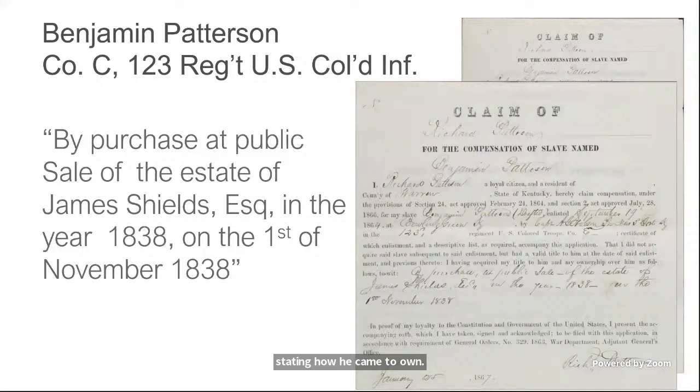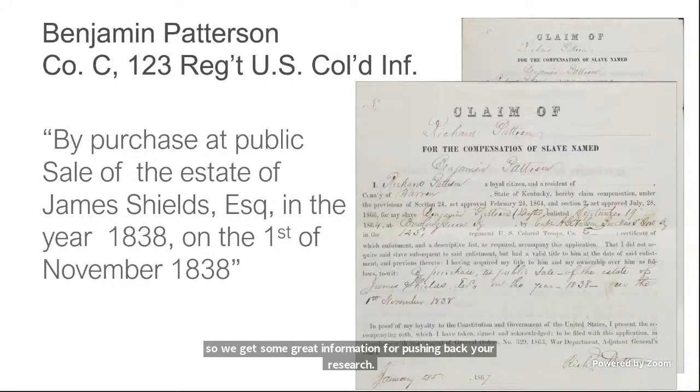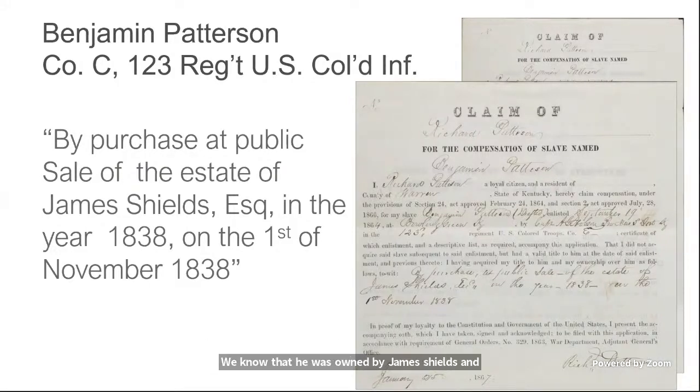And so we get some great information for pushing back your research. We know that he was owned by James Shields, and in 1838, he became what was called then the property of this Richard Patterson. So we have found some great genealogical information.